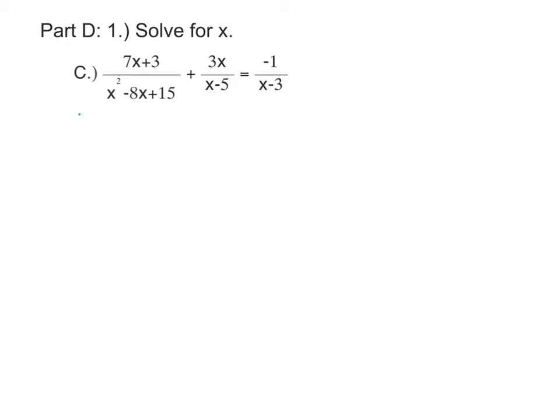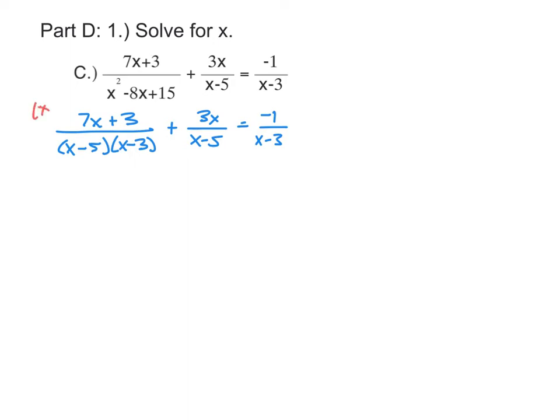So I'm going to factor each of the denominators, which is really just the first denominator, into x minus 5 and x minus 3. All the other fractions are going to stay the same. Now I'm going to go through and multiply every term by the common denominator.